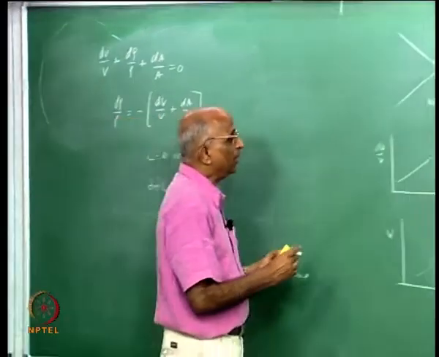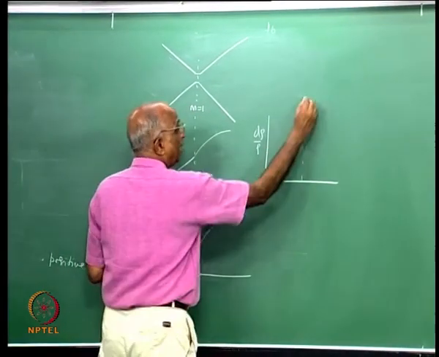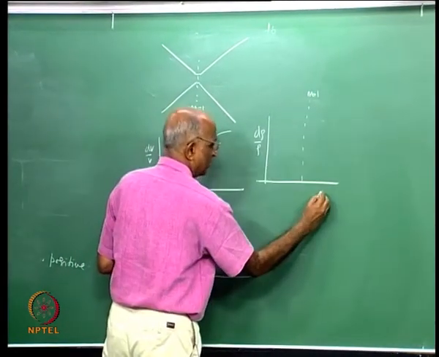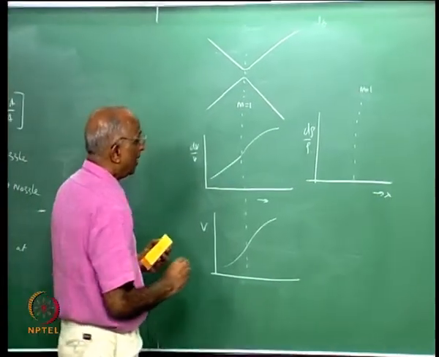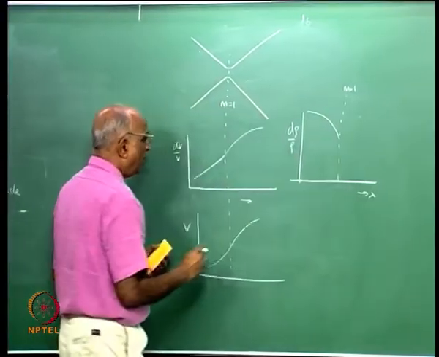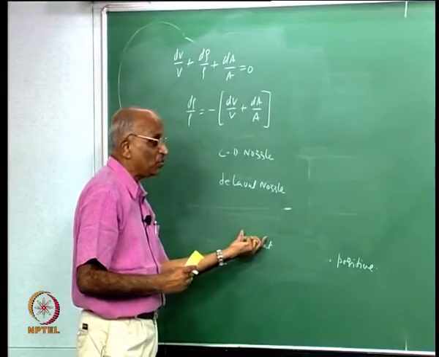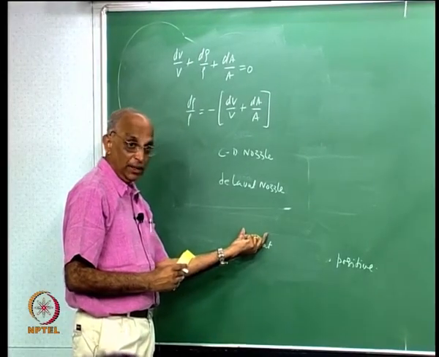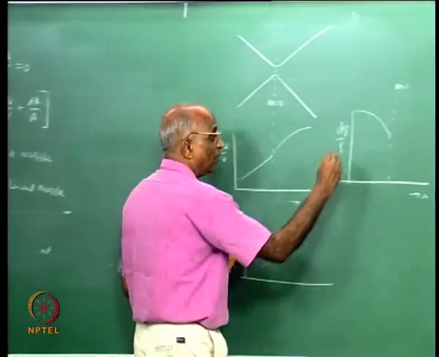If this is my throat region, that means I have Mach equal to 1 here, and this is my length x along the nozzle. I find therefore the density will keep falling. And what happens at the throat region? At the throat region I had 1 minus M square in the term over here, therefore I have something like a steep gradient in velocity.